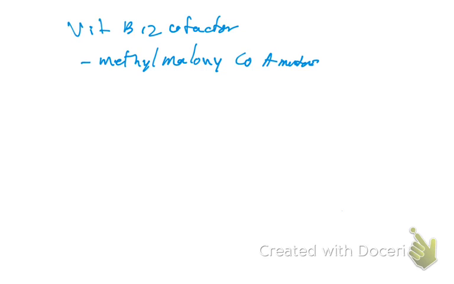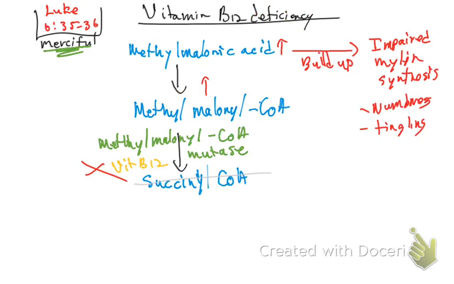As a result, some patients with vitamin B12 deficiency have elevated methylmalonyl CoA levels, as we mentioned, that subsequently results in a build-up of neurotoxic methylmalonic acid, which is this one here.